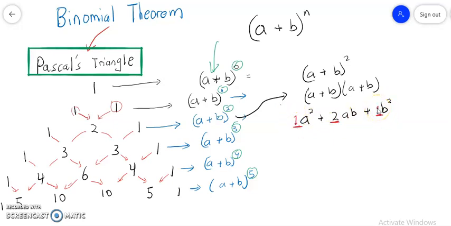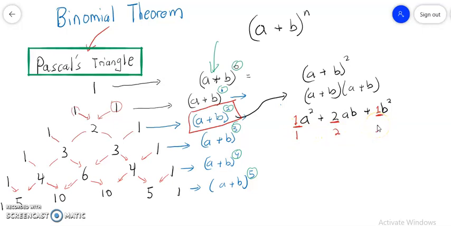Here's 1. So now you could see this quadratic, a plus b in brackets with a power of 2. Here we have the numbers 1, 2 and 1.